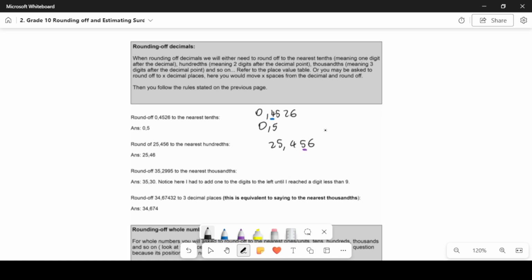Since 6 is greater than or equal to 5, I need to add 1 to the digit in question, and make every digit after that 0. So this will become 25,460, which is effectively 25,460.